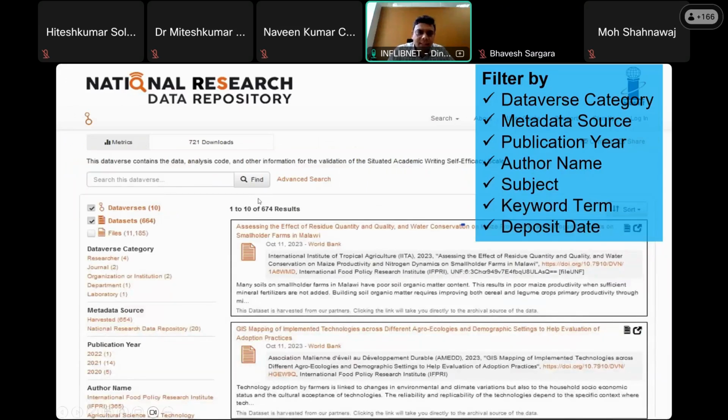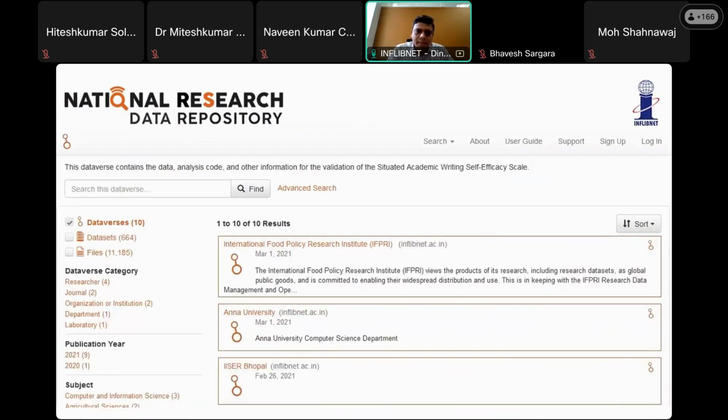Like I said, this is another data set that we have uploaded in the test instance. You can see the description of the details, and this one is harvested from another data set. So it shows that it is harvested from some source, and these are the different sub dataverses or sub collections per individual institution.